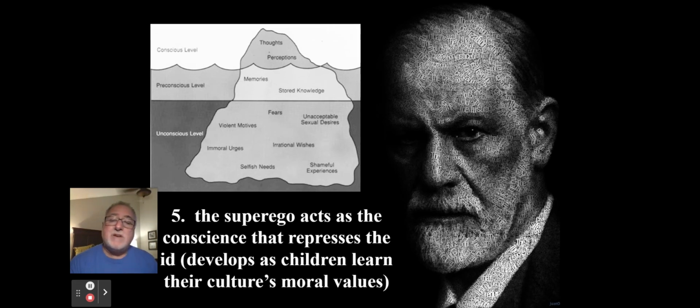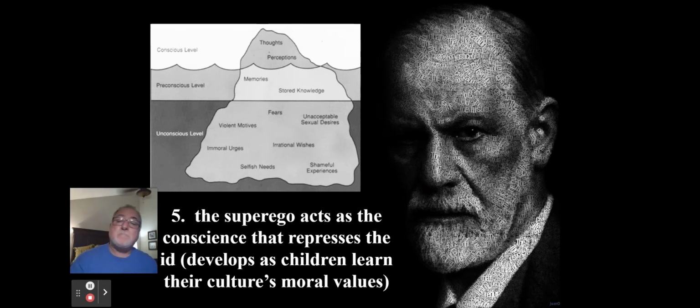the superego kind of acts as the conscience that represses that stuff. So it is sort of like a filter, or like a chaperone, to make sure that those childhood fears, those behaviors in the unconscious, do not go unchecked, so they don't run amok, and so that they don't work to destroy someone from within.